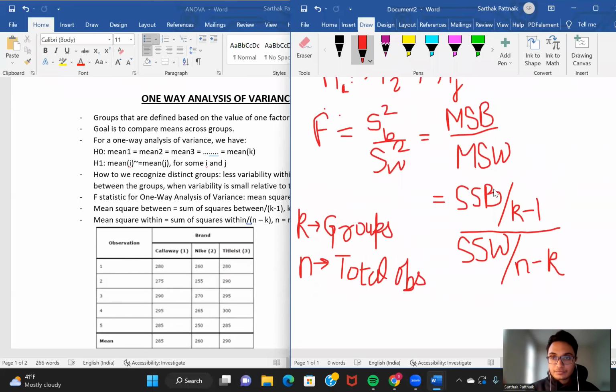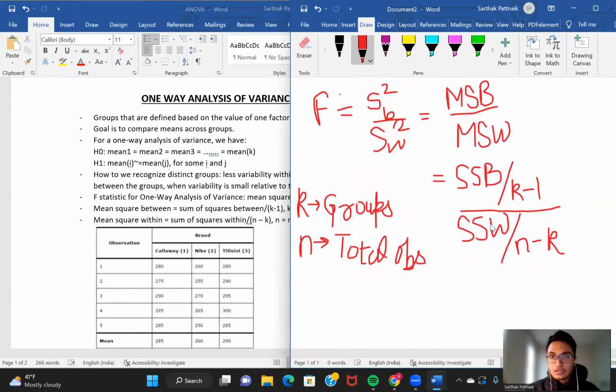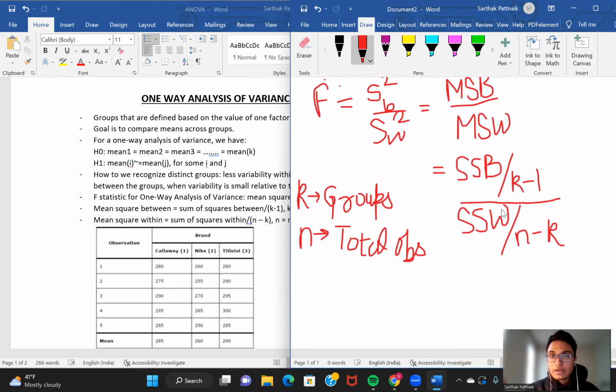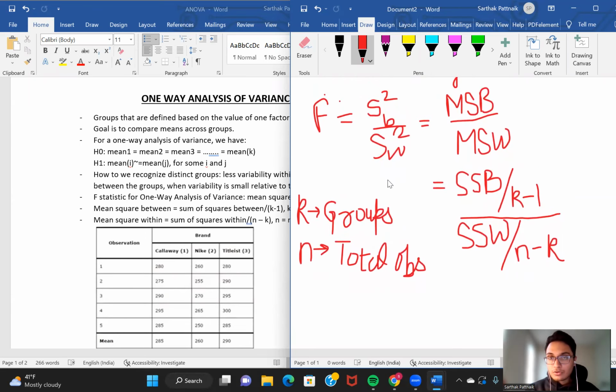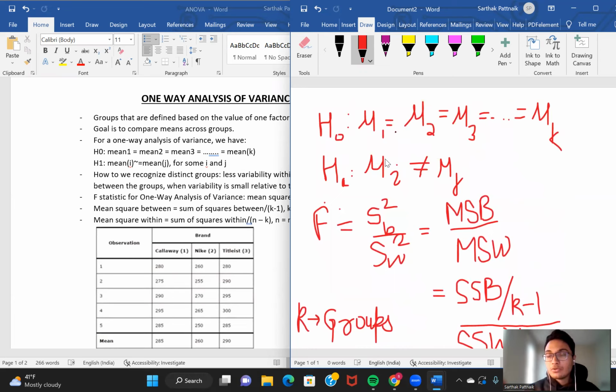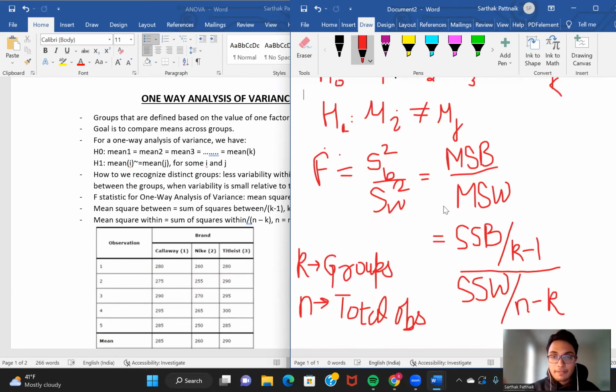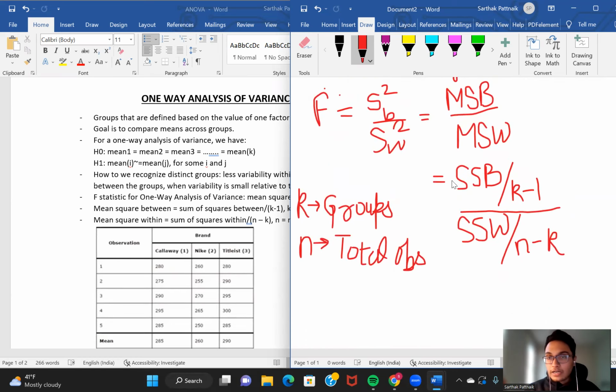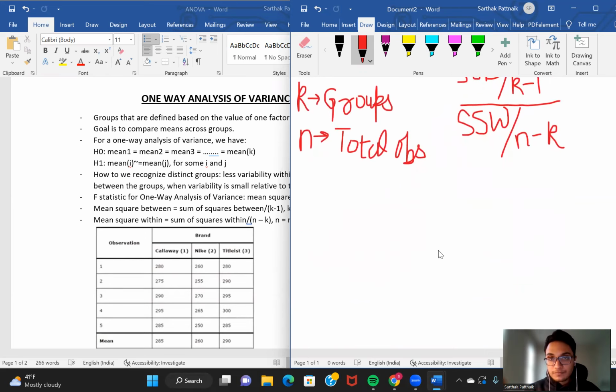Okay. Now, this is how I calculate my test statistic to find evidence against this null hypothesis. Now let us see how to calculate sum of square between and sum of square within.